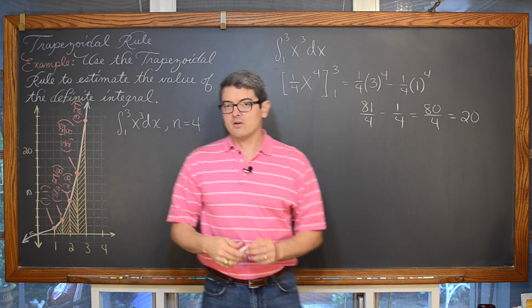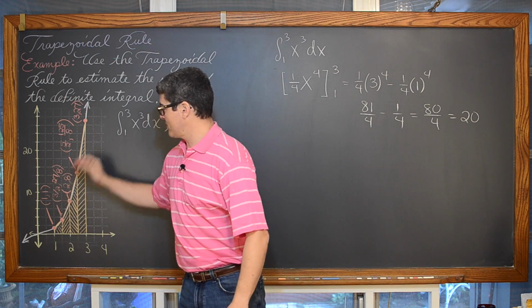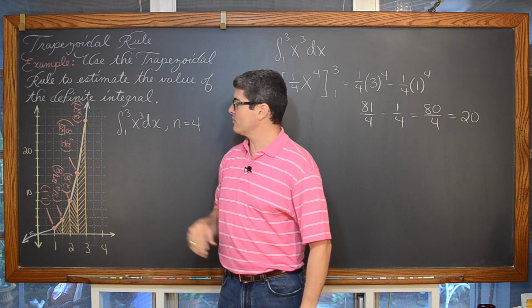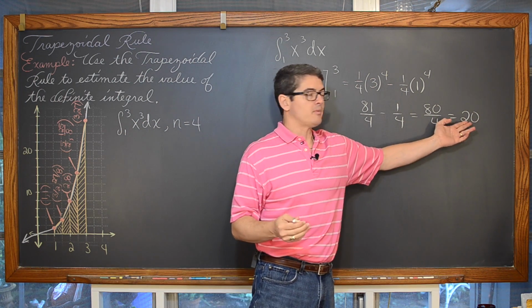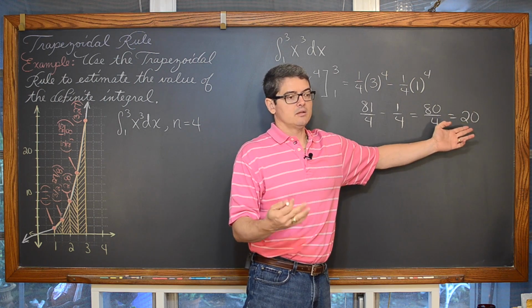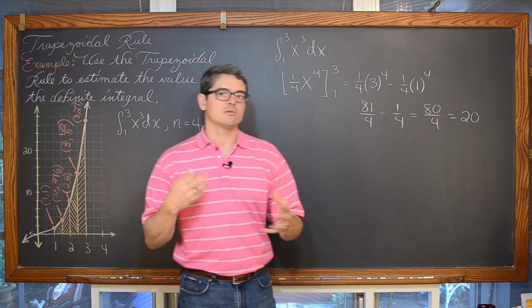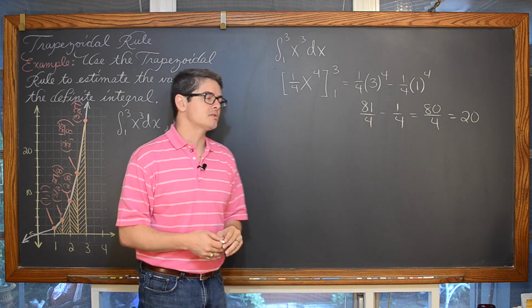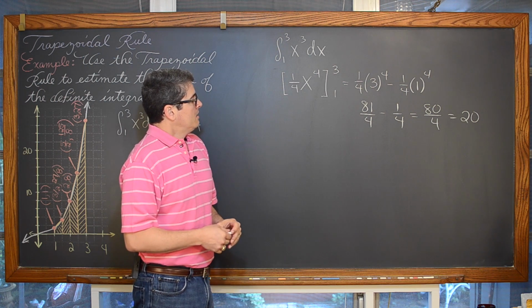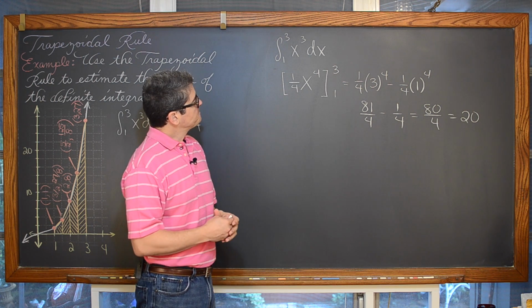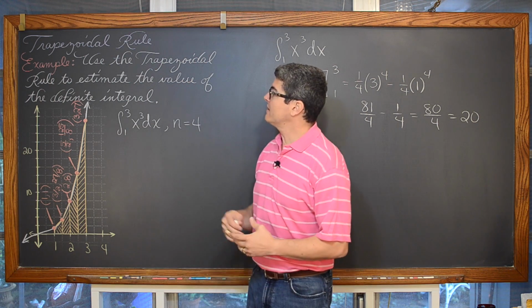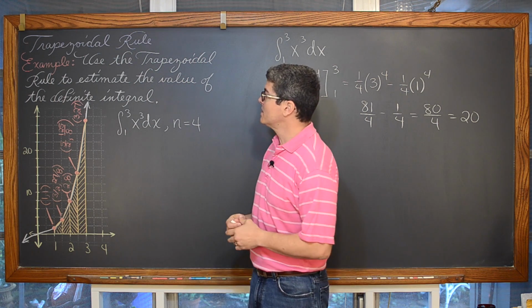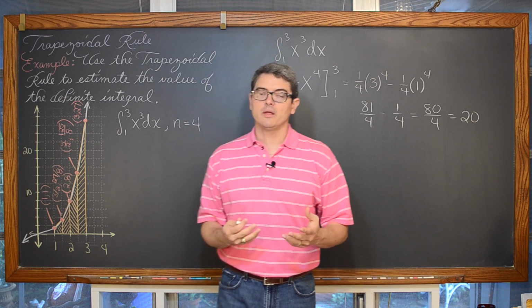And because the function is above the x-axis through that entire interval from 1 to 3, you can say that might be an application problem dealing with area. And of course, definite integrals are not just giving you areas, it's a limit of sums. So why bother with estimating definite integrals using the trapezoidal rule and Simpson's rule?